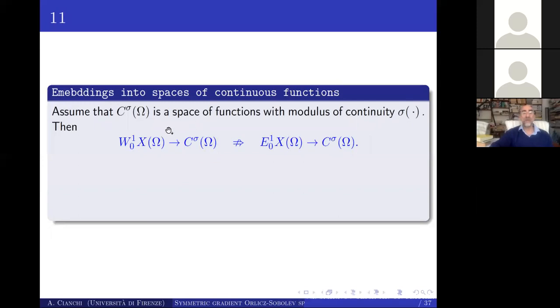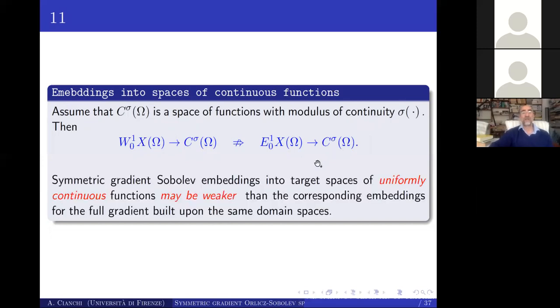Here it may happen that the space with a full gradient in X is embedded in some space of this form, but the space with just the symmetric gradient in X is not embedded into the same space of uniformly continuous functions. So embeddings for symmetric gradient spaces in this range can essentially be weaker, not always, than the corresponding embedding for full gradients.